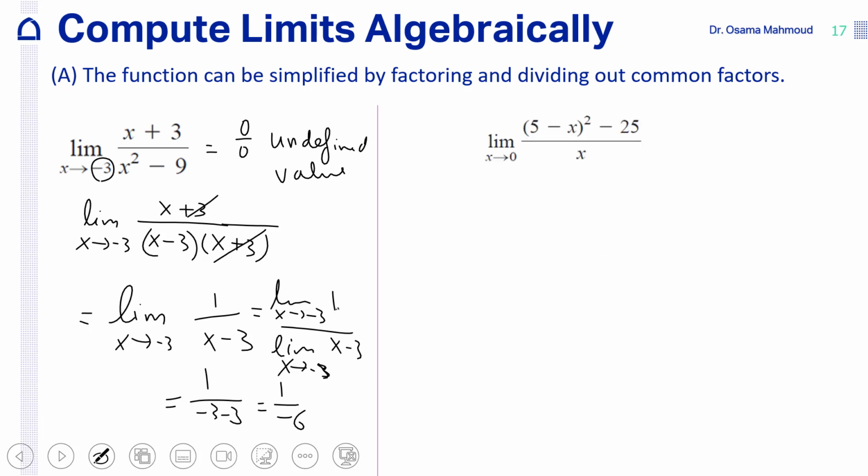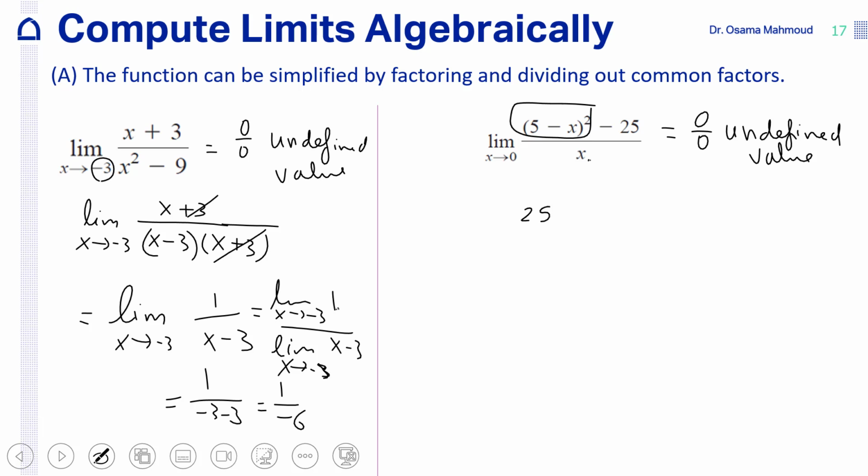For this one, if you put x equal to 0, you will have 0 over 0, which is an undefined value. How to get rid of this 0 down here? This is the most important one to get rid of. So this is a complete square. How do you factorize this one? Simplify this one.